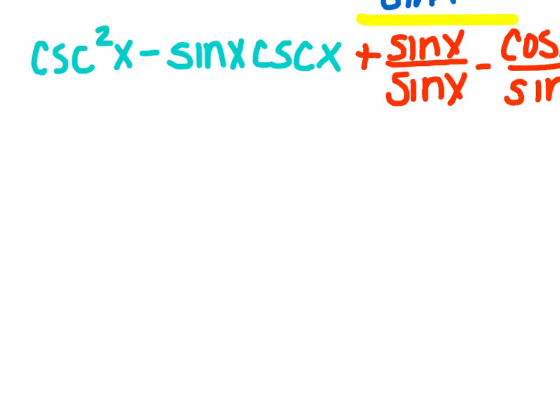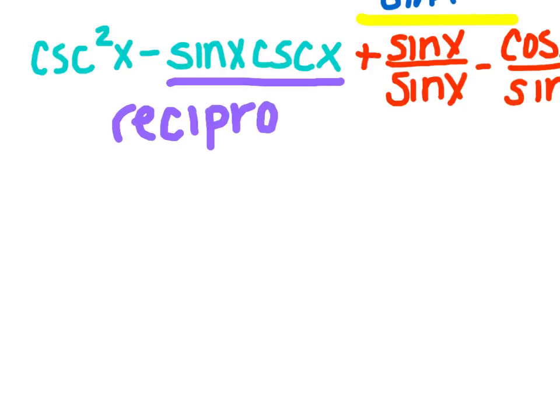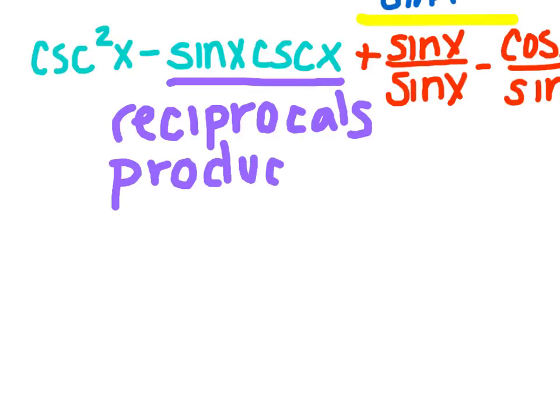And the first thing that I want to point out is this idea of sine cosecant. These are actually reciprocals. And one thing we may remember about reciprocals is that the product of any 2 reciprocals is always 1. If we think about 1/3 and 3, if we multiply those together, we get 1.